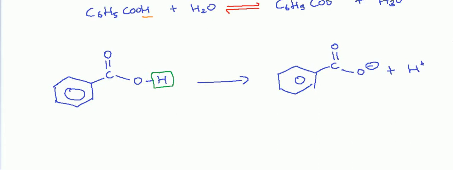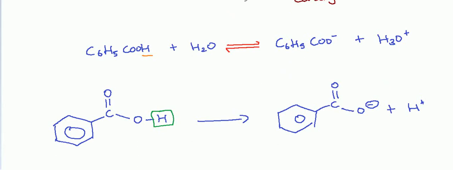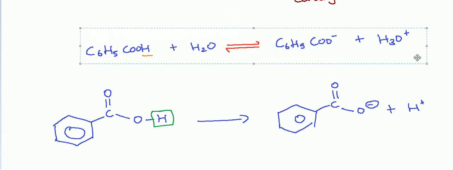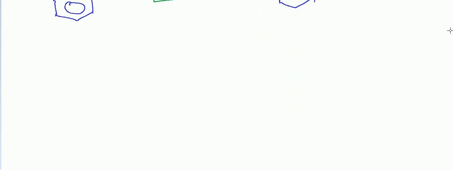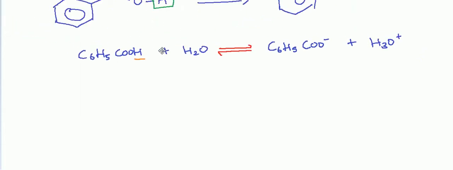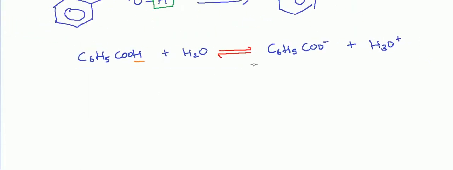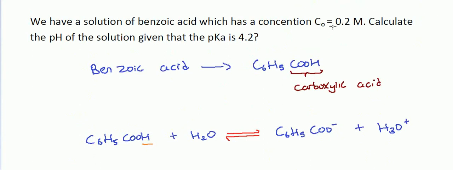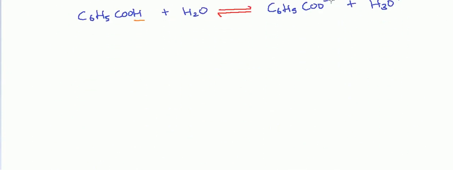Now let us see for our equation. So I'm going to take this again. What we know already is that the initial concentration is 0.2 mole per liter. So let us write this here.